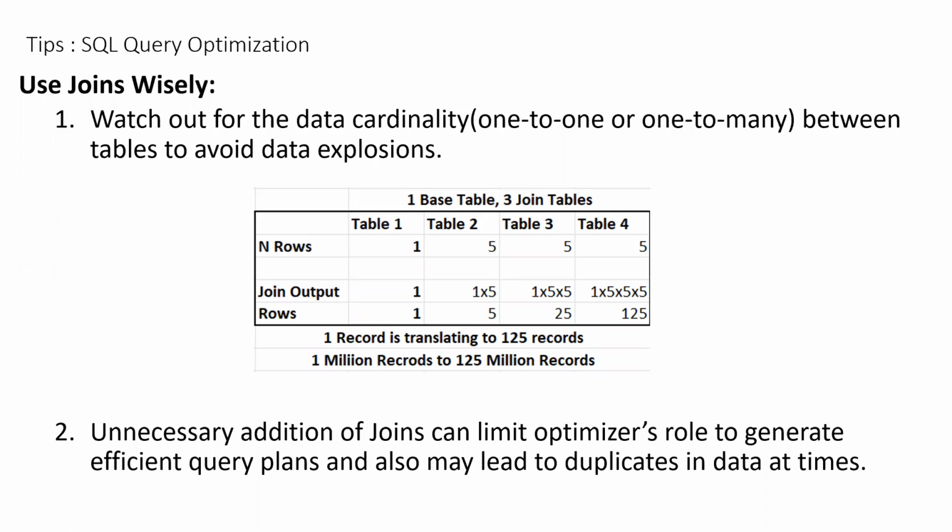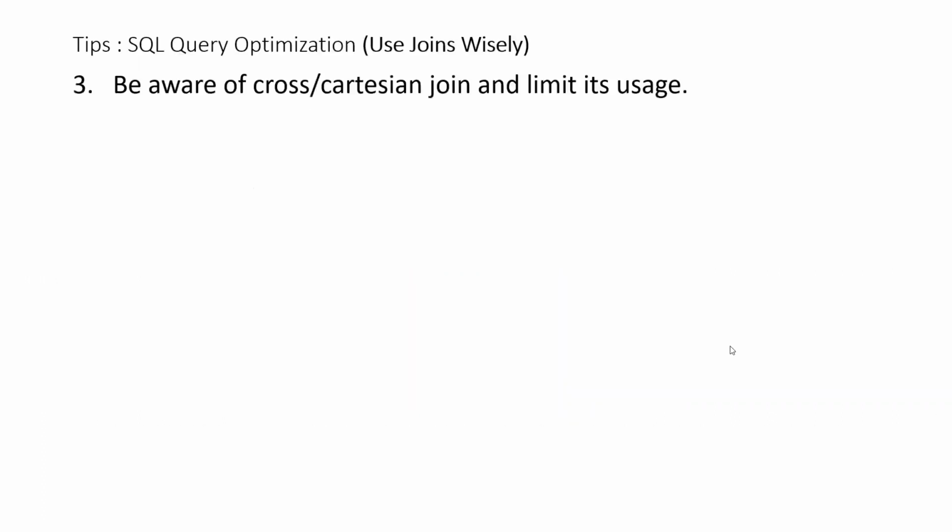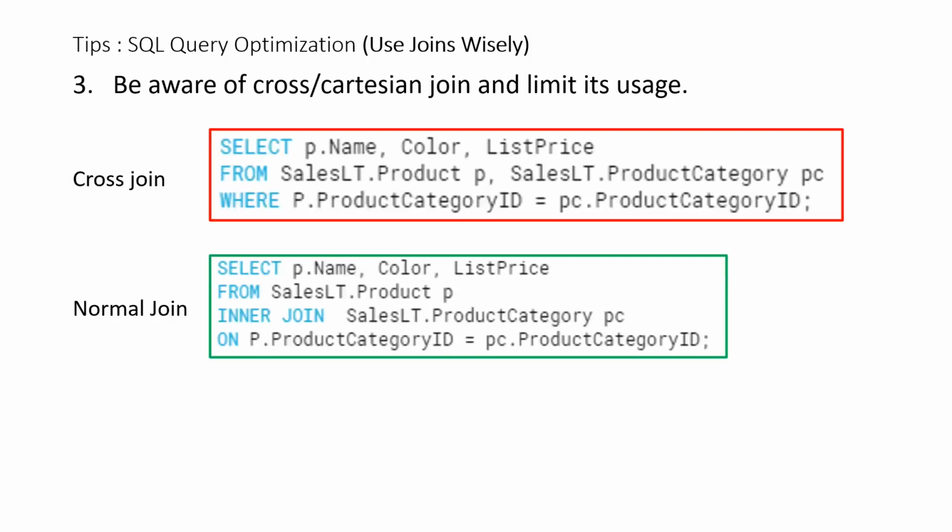So those are a couple of points, and the other thing about joins is something called CrossJoin or Cartesian join. It's just that each row of the base table is multiplied with all the rows of the second table. If you think about the first point, where we talked about the one-to-many relationship, this Cartesian join is an even worse form than that.